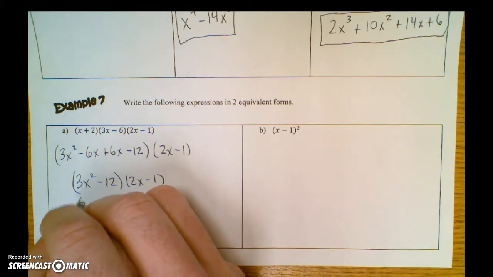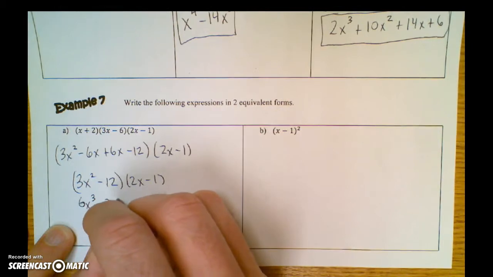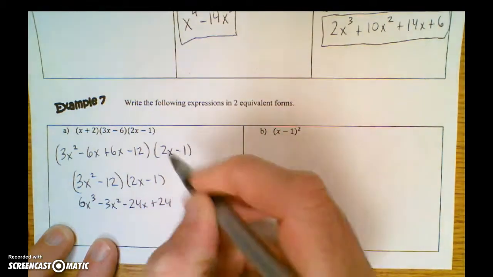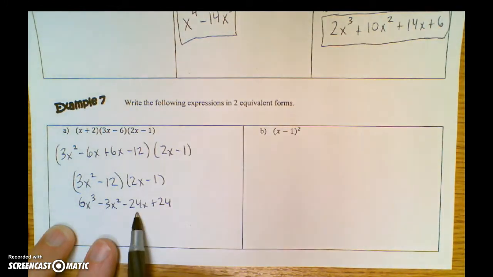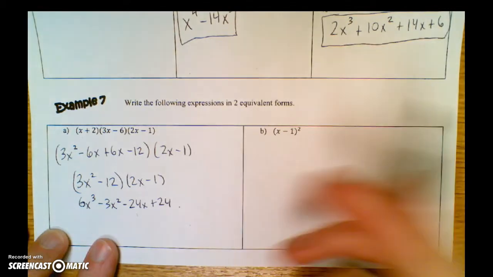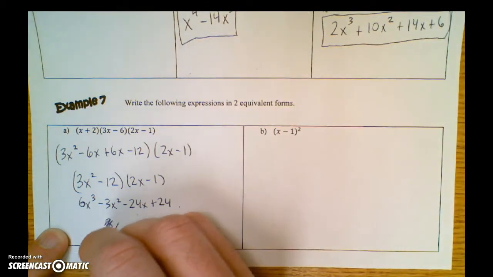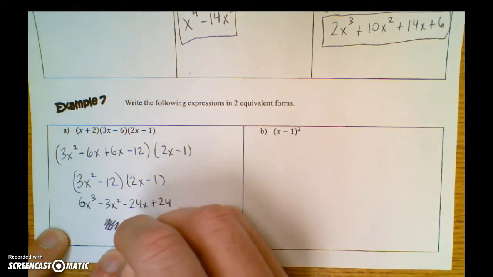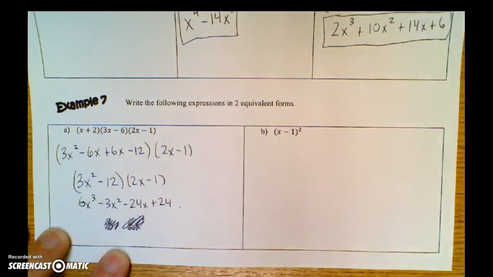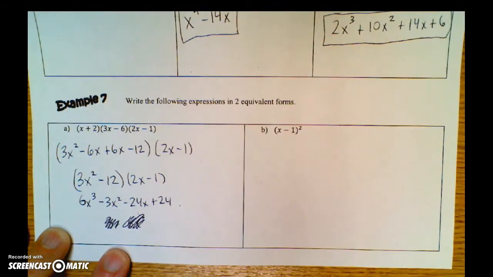It'd be 6x to the third minus 3x squared minus 24x plus 24. So now I've got a third equivalent expression, because as I'm working through this, these are all equivalent to the one that we started with. And then simplifying it, we have 6x to the third. Oh, actually, that's our last answer. There are no like terms here. So here are three different equivalent expressions that go with that first one as well.